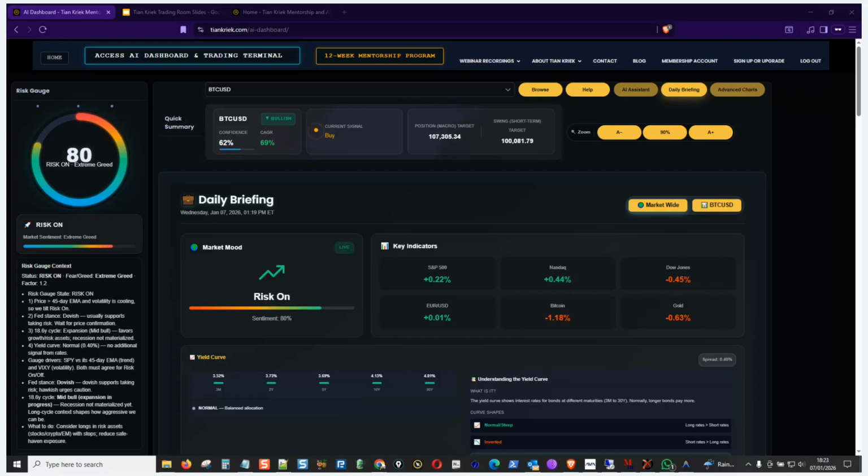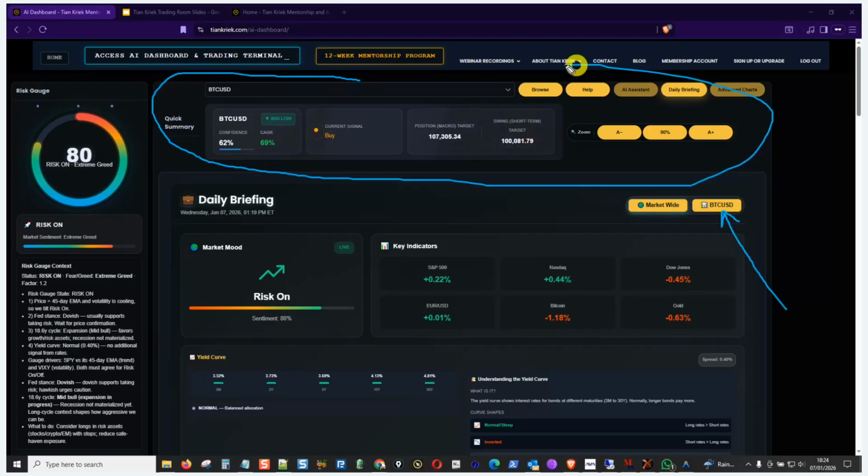You'll see here there is a label, market wide, and it's glowing a little bit, meaning that this is selected. But if you want to see the daily briefing for a specific instrument, a specific symbol, then you can click on the actual symbol label, which is the symbol that is loaded currently in the dashboard.